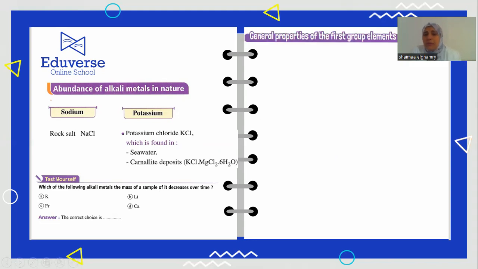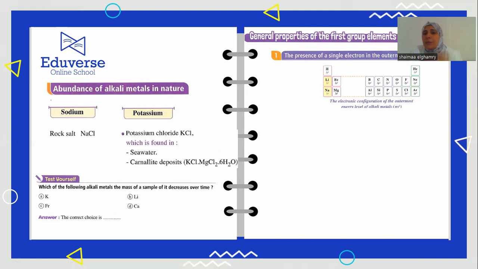General properties of alkali metals. Number one, the presence of a single electron in the outermost energy level makes the ionization potential energy low, makes these metals tend to lose this electron and form a positive ion, and makes these metals start each period in the periodic table.